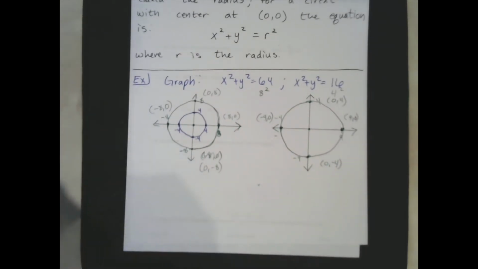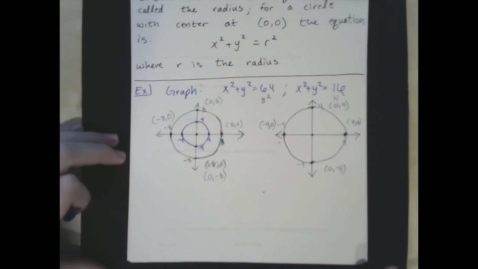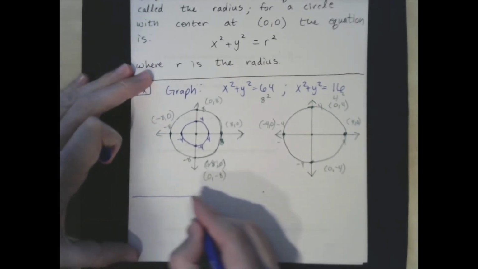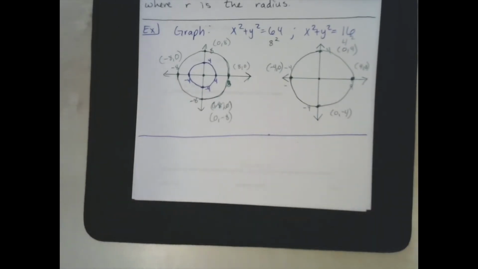But that's not the only type of circle that we focus on. In fact, it's probably the one that we focus on the least as a conic, because we can have circles anywhere.